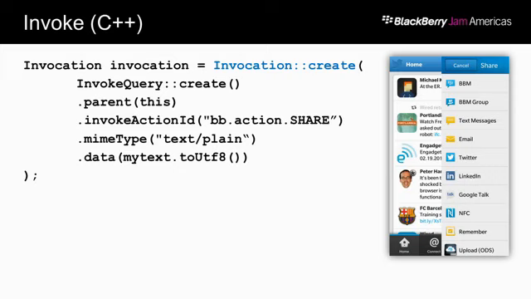For that, there is a class called the Invocation class. It's a bit off track from Invoke Manager, but it does exactly that. What you do is pretty much what you did with requests. You create an invocation object, you wrap an invoke query inside that invocation object, and then you set your parameters, right?